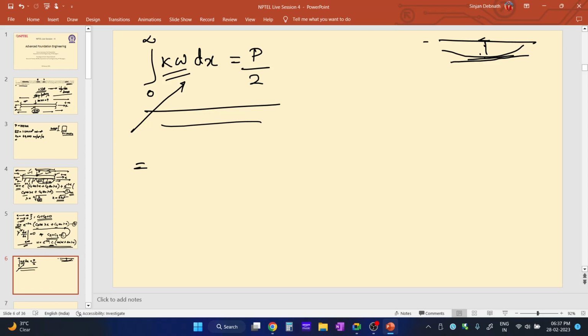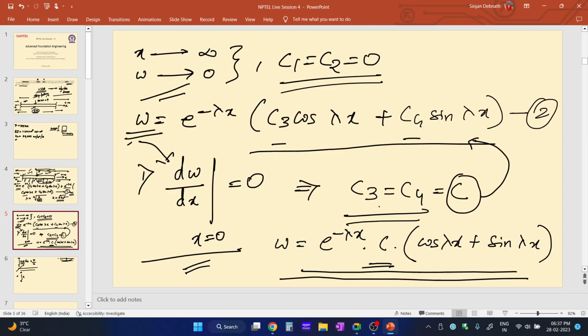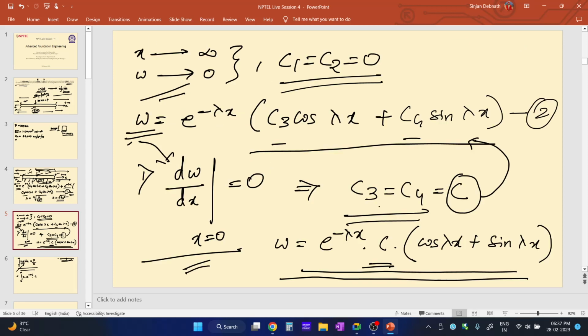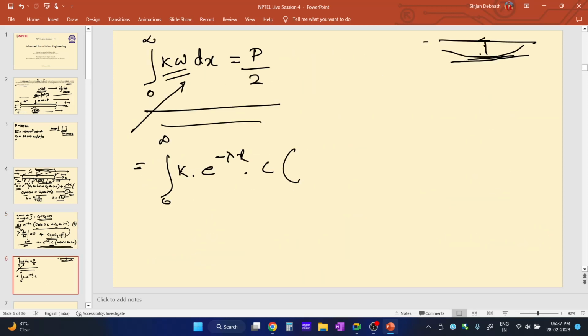let me write it down like this: integral from 0 to infinity of k into, what is W? W is e to the power minus lambda x into c into cos lambda x plus sin lambda x.